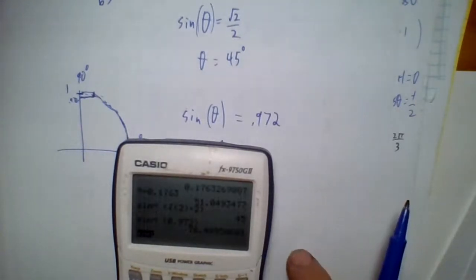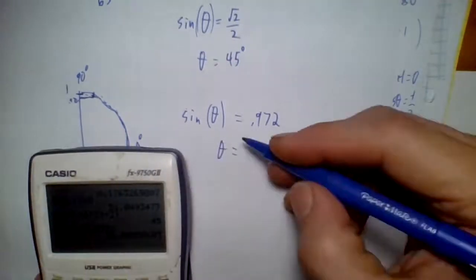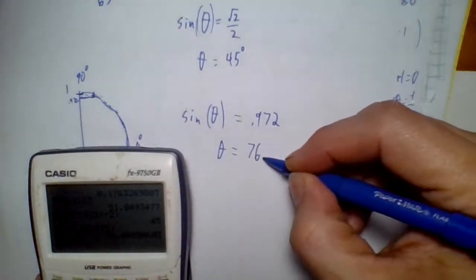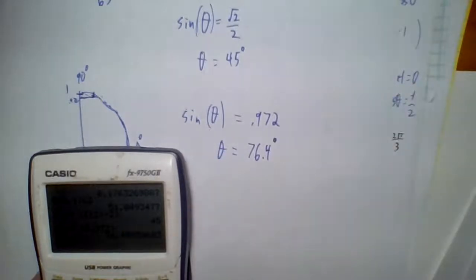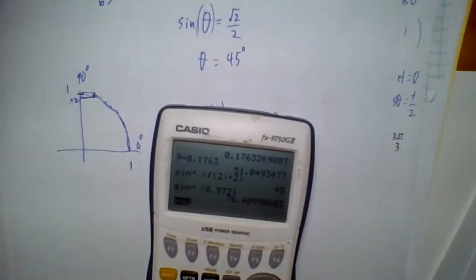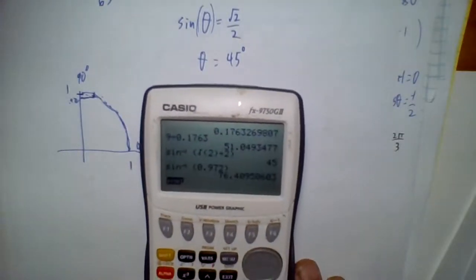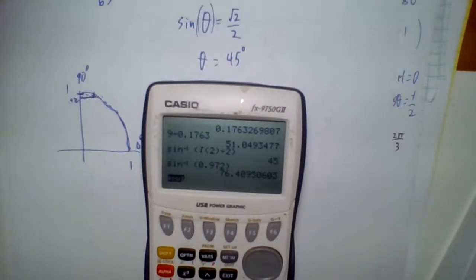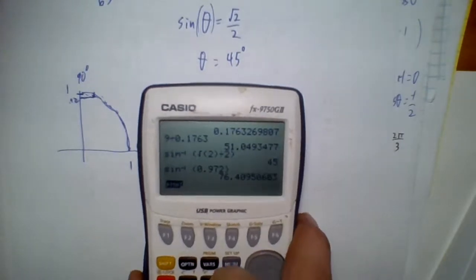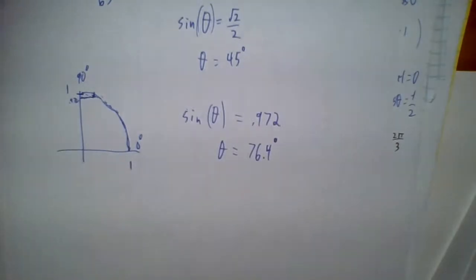Inverse sine of that is 76.4 degrees. So that would be approximately 76.4. I don't get an exact value for that. I get an approximation that theta is about 76.4. That's what you get from the calculator. So that's a useful thing to be able to get the calculator to do also.